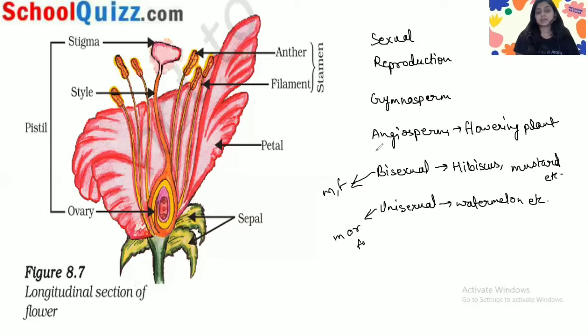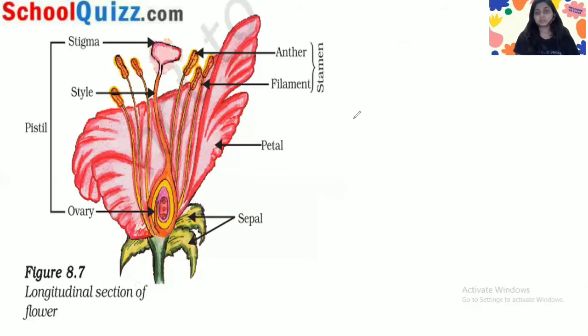Okay, let's quickly do a multiple choice question. The reproductive part of the plant is. You have four options.